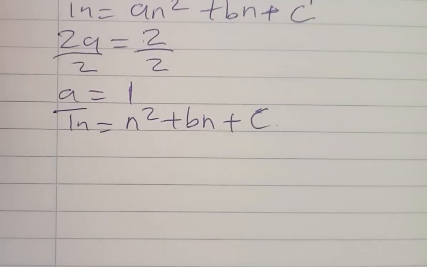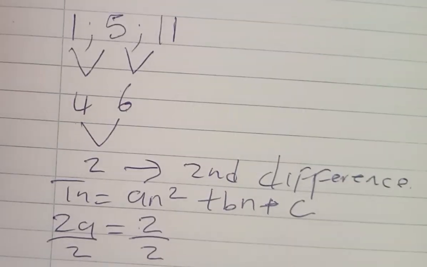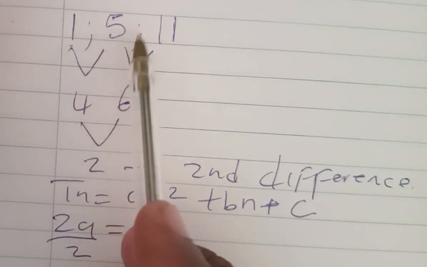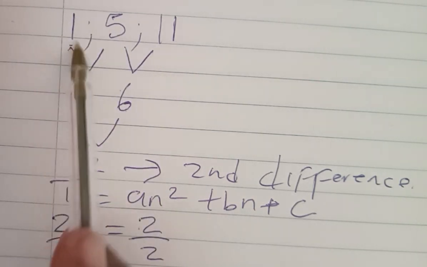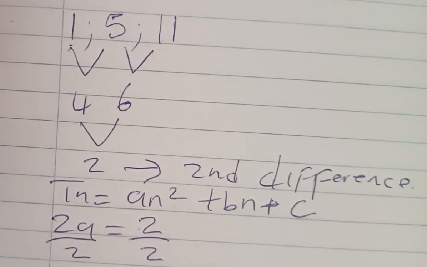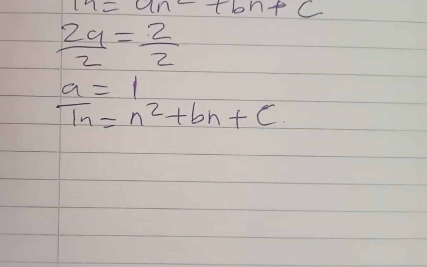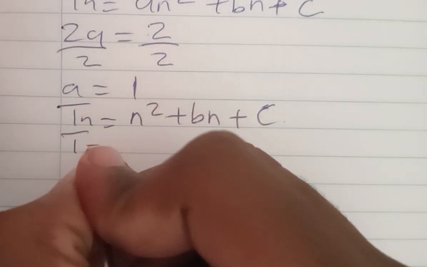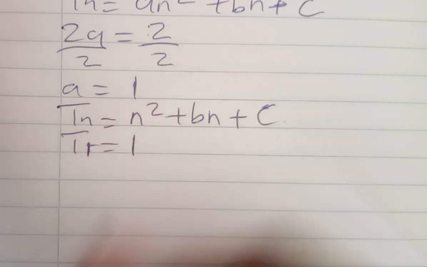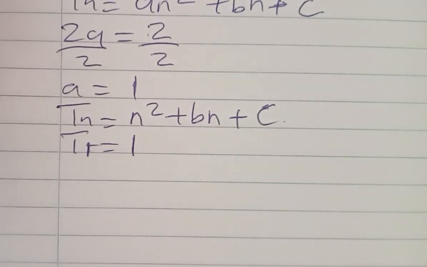So remember, I will use term 1 and term 2. Term 1 is 1. So my term 1 is equal to 1. Where I see n, I will substitute 1. Where I see tn, I will write 1.